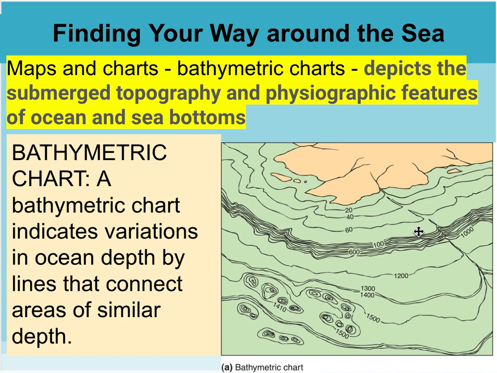To give you an idea of what that looks like, obviously this color here is the land, but at this line, the 20 line, it's saying that this whole line is about 20 meters or feet deep, and a little bit further out is say 40 meters deep, and then 60. Then you can see here the lines are super close together, where the first line says 100, but then we're quickly up to 600 and 1,000.